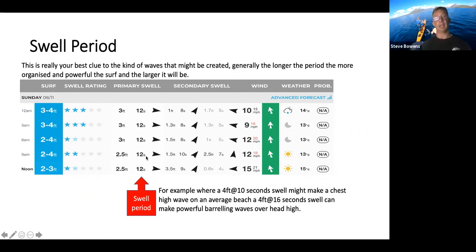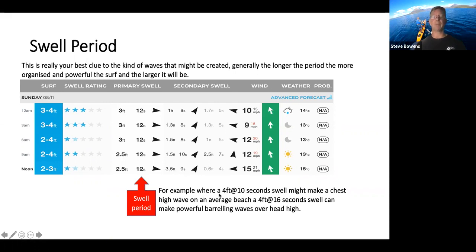Now for yesterday, the period was longer than that. It was 12 seconds. So we'd expect the waves to be probably chest high or maybe even head high or slightly above when somebody's standing on a surfboard. Certainly very big to be surfing in, even though you may think, oh, 2 foot's not very much.